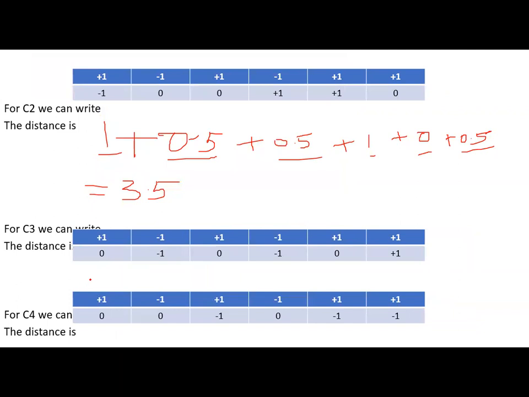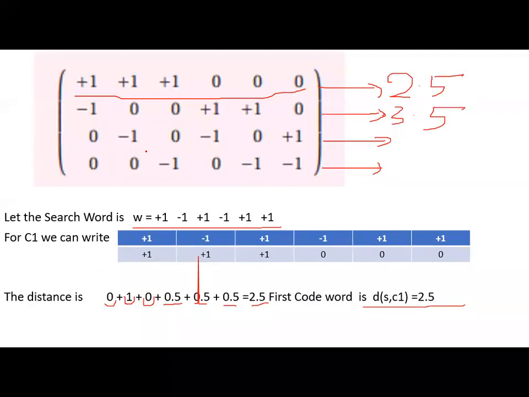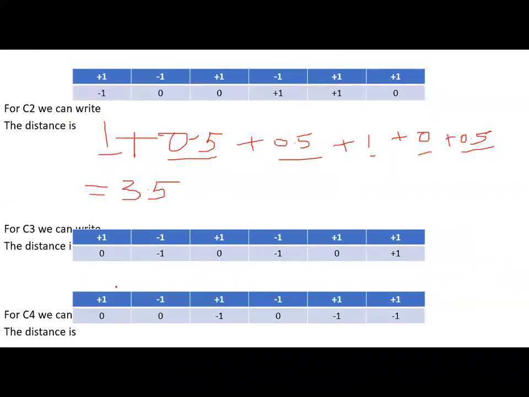Now, if you see here, this is 0, -1, 0, -1, 0, +1. If you calculate these two, this contains 0, so this is 0.5, plus these two are equal, so 0, and this is 0.5, plus these two are equal, so 0.